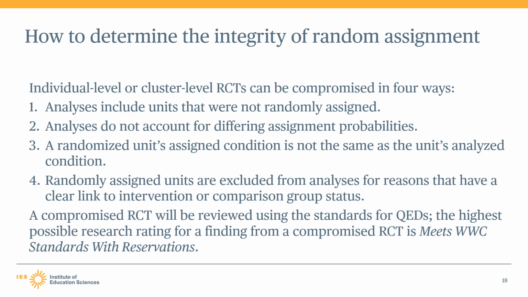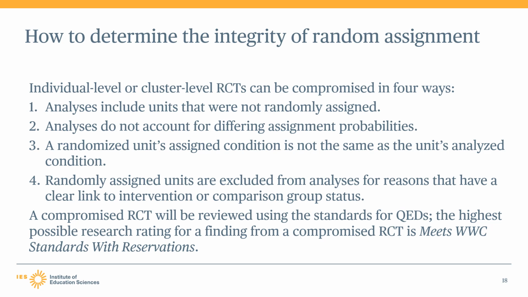These individuals are called joiners. Inclusion of joiners in the analytic sample in a cluster-level RCT does not compromise the random assignment in a cluster-level RCT, although it can affect a finding's research rating. And we will discuss the unique considerations around joiners later in this training series.